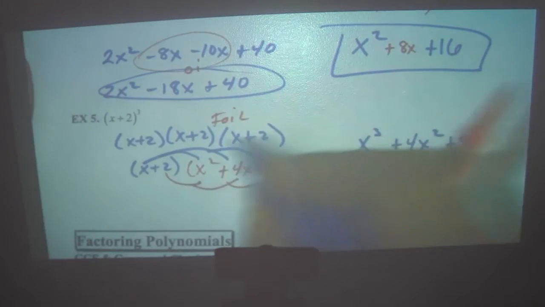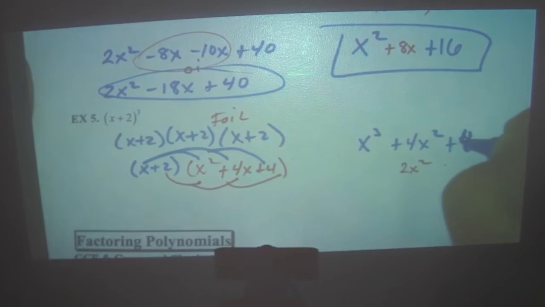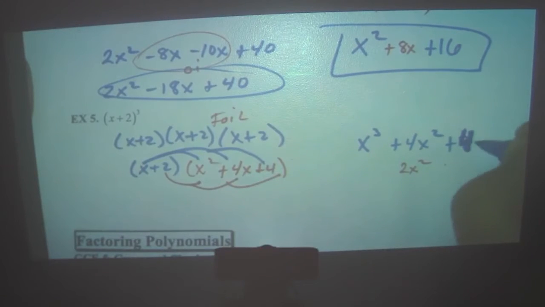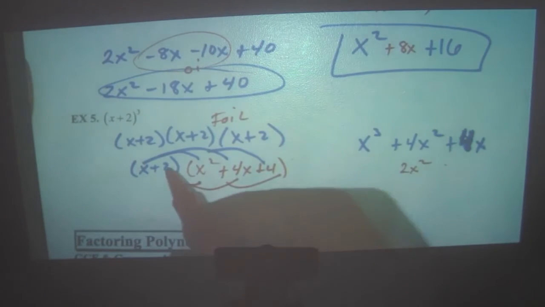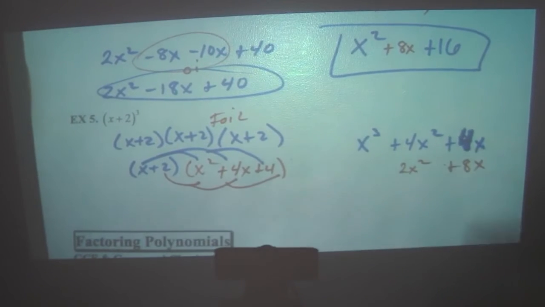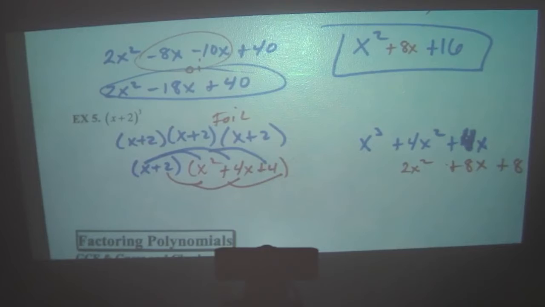X times x is x cubed. That's a 4x squared. You guys got to say something. That's 4x, Mr. Gotsch. X times 4 is 4x. My bad. That's 8x, that's what I'm looking for. Sorry, guys. That's a 4x in blue there. And 2 times 4 is 8. I knew there was something wrong. You see something, say something.